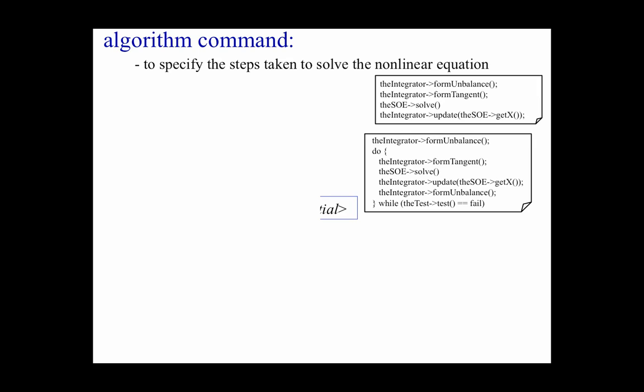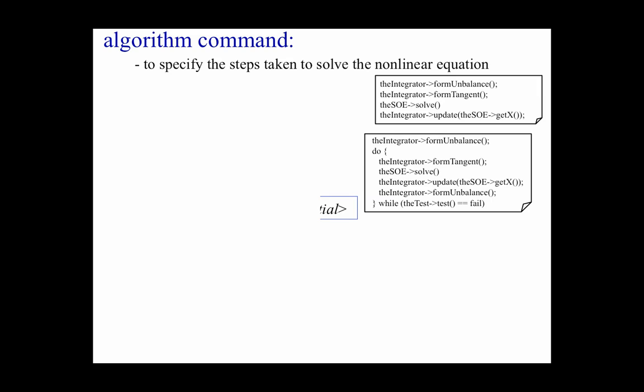The next command is modified Newton. This is typically the first thing people go to when their Newton algorithm fails. As you see, we have this dash initial option, and that's the option most people will start using. But basically, what modified Newton does over regular Newton is this form tangent here is taken outside the do loop.